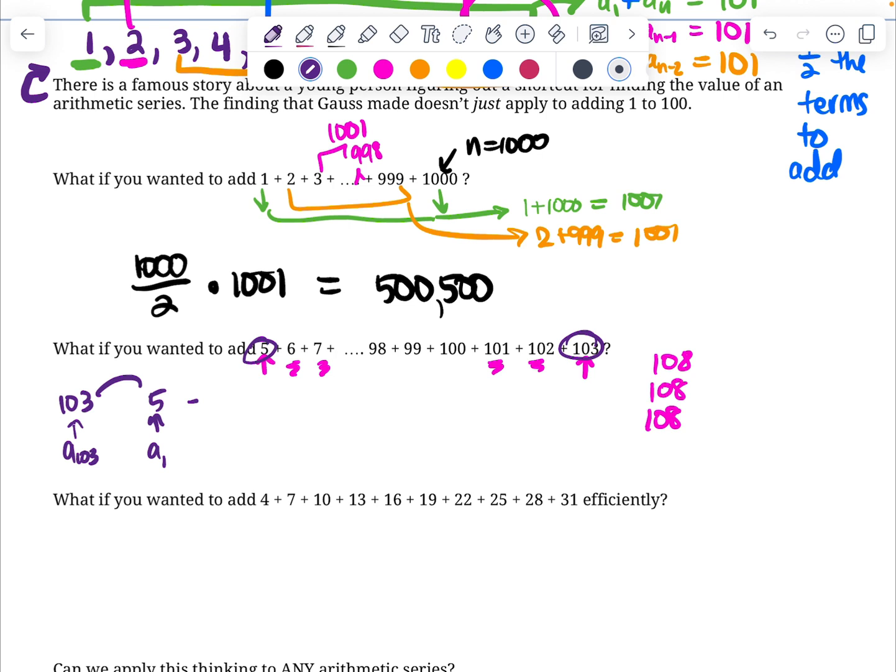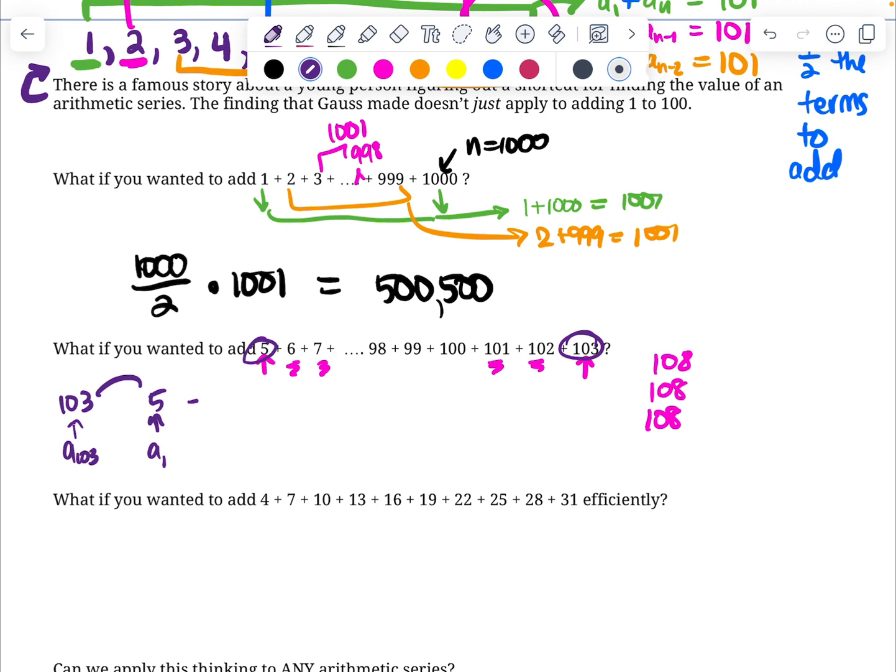So we would need to take 102 divided by 2 and times it by 108. So we'd get 51 times 108, which would give us 5,508. Okay, so hopefully you're getting that idea.